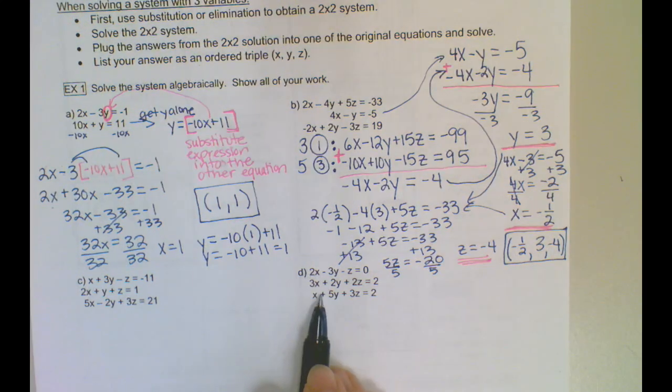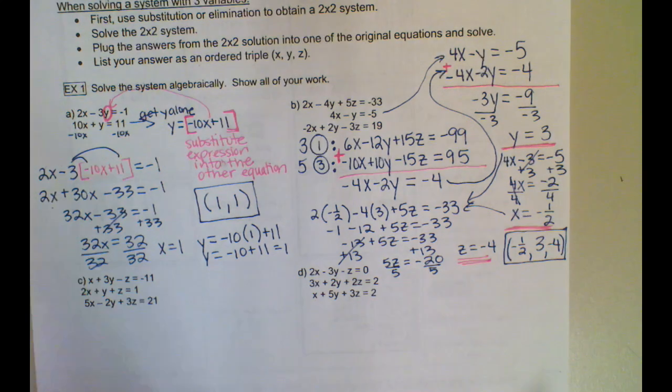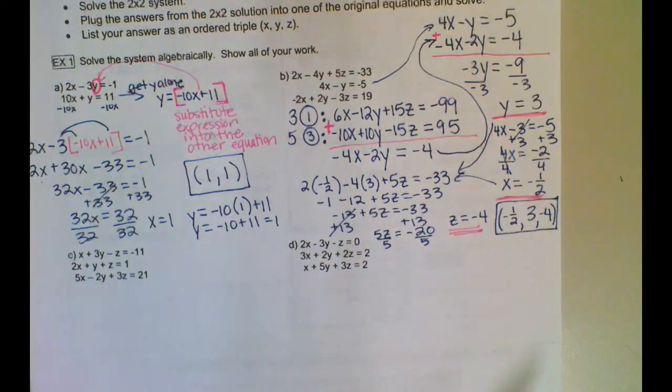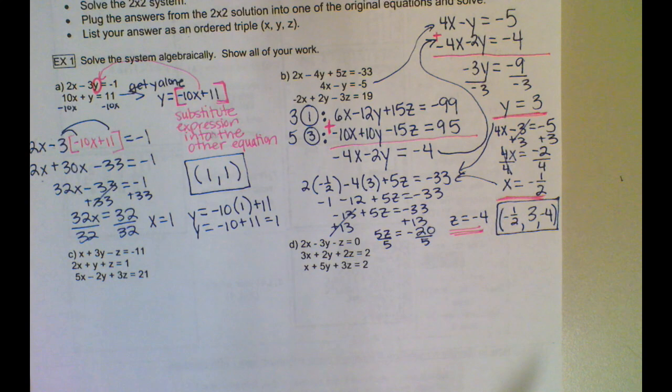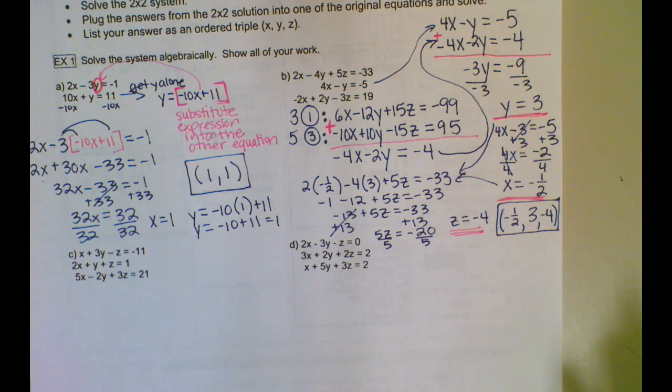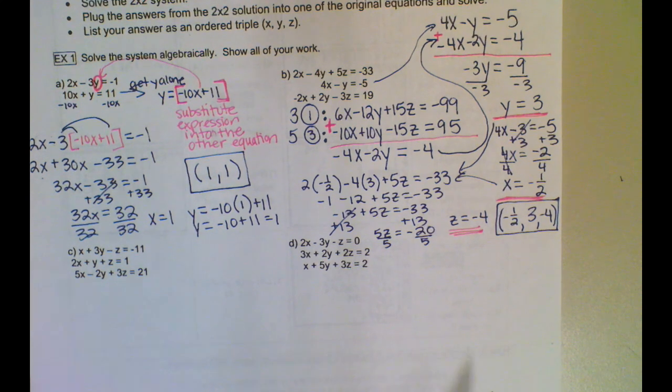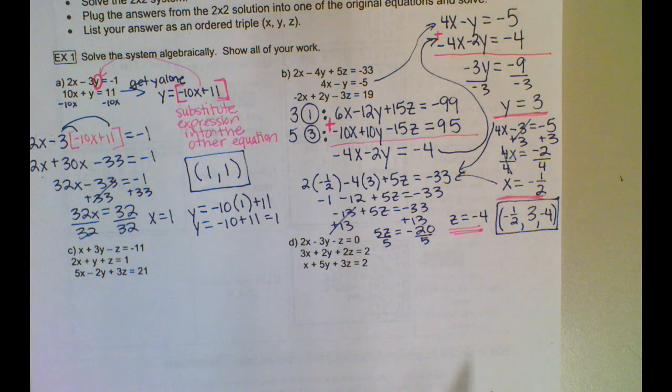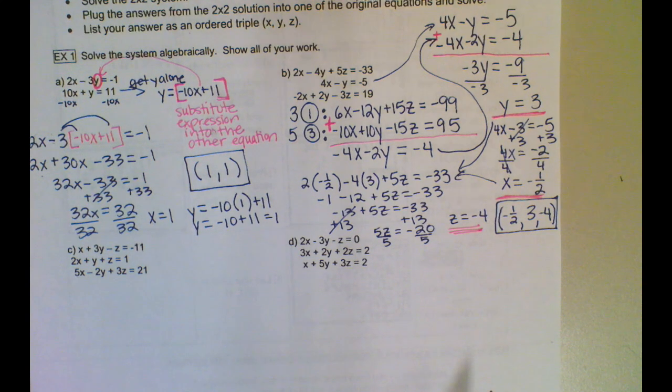So when I look at example D here, I have all three variables in all three equations. So when that happens, strategically, I want to look at all the variables and see if one of them is easier to eliminate than the other. So if you already have opposites, then that's a good way to say, oh, I want to eliminate this because I already have opposites.